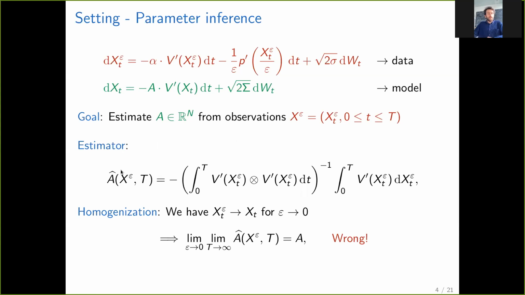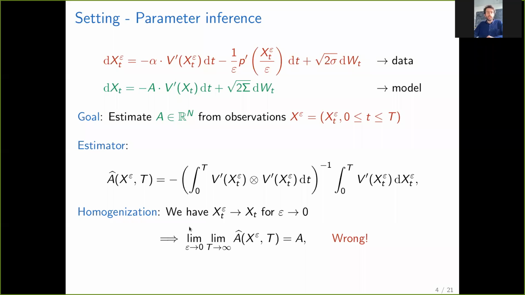Let's go back to the case of generic n. This estimator is given by this formula, the solution of this linear system. The theory of homogenization guarantees that X_t^epsilon converges to X_t for epsilon going to 0. So we have this estimator, derived from this model, and the solution X_t^epsilon going towards X_t.